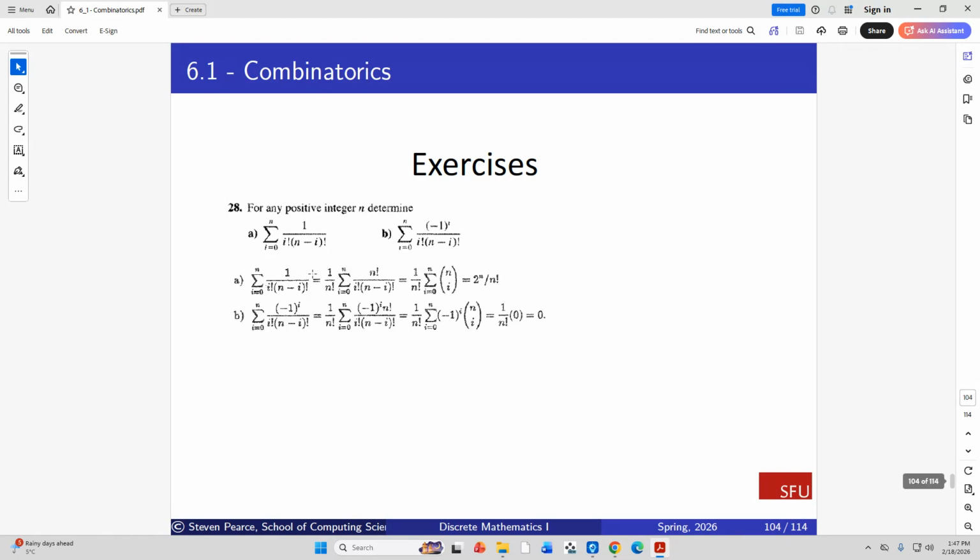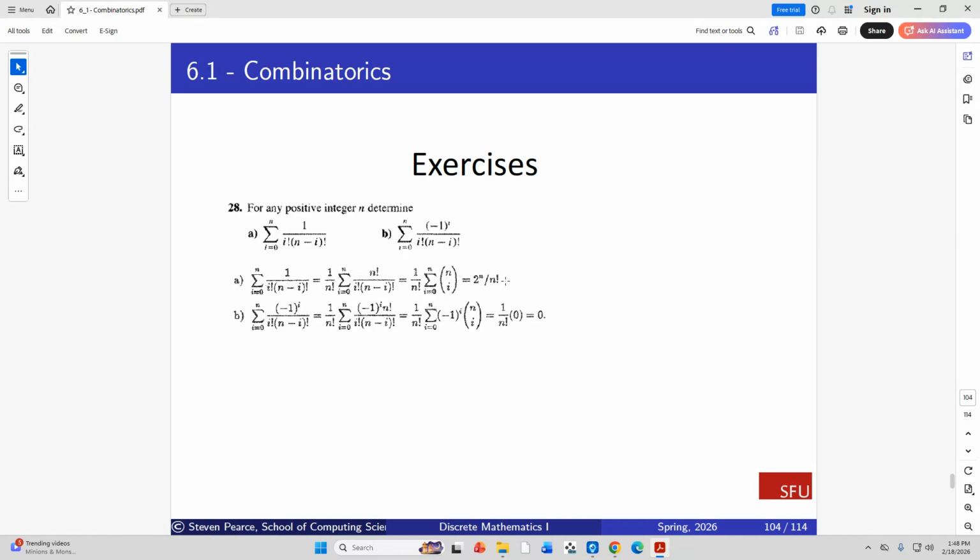So we start with this thing, and multiply it by 1, which is n factorial over n factorial. Because the sum of the factorials is the sum of the factorials, we can put that numerator in there and keep this denominator out here. By doing this, we have formed the binomial coefficients, and the sum of the binomial coefficients times this factor that's left over is 2 to the n over n factorial.